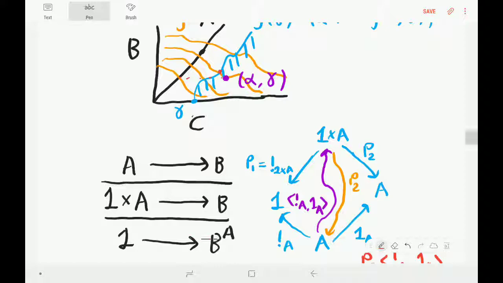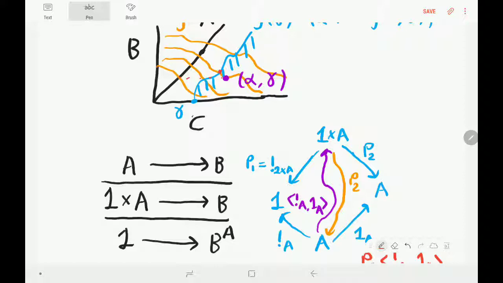Well, it's really because of this kind of relationship here. In order to understand this, we need to understand that a is isomorphic to 1 times a, where 1 is the terminal object.